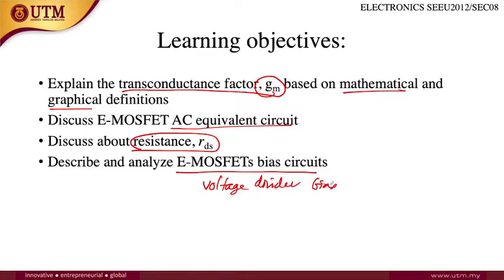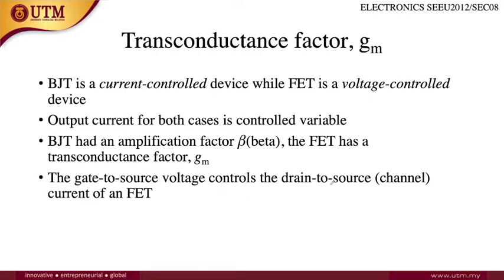Right. So first of all, what is the transconductance factor? For BJT, as I mentioned earlier, BJT is a current control device. Why do we call it a current control device? Because the current that flows in the collector is based on the current that flows at the base, with the gain factor of beta. For FET, why is it called a voltage control device?